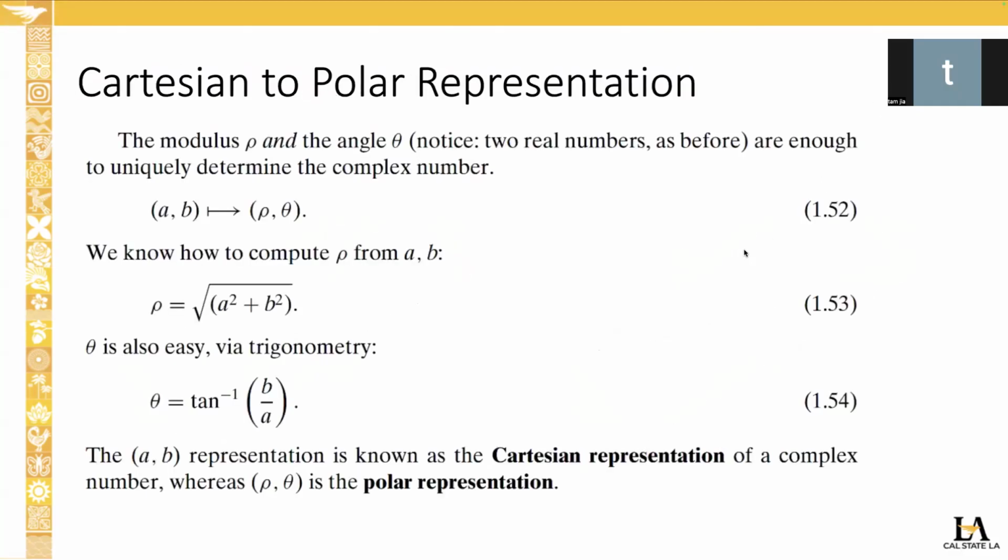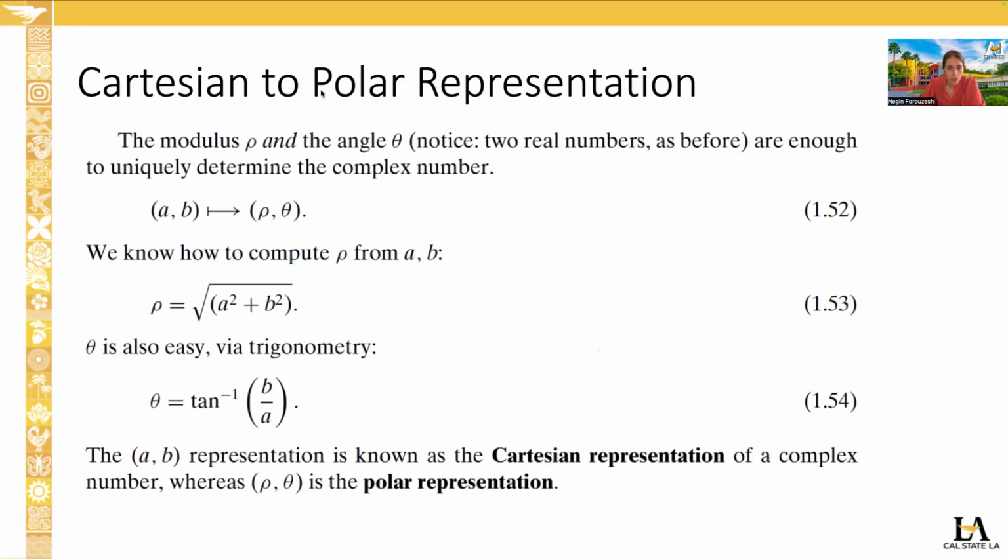Yes. Okay, so we can go from the Cartesian representation to the polar representation and vice versa. So when we are in the Cartesian representation, it means that we are dealing with that ordered pair of a and b, right?